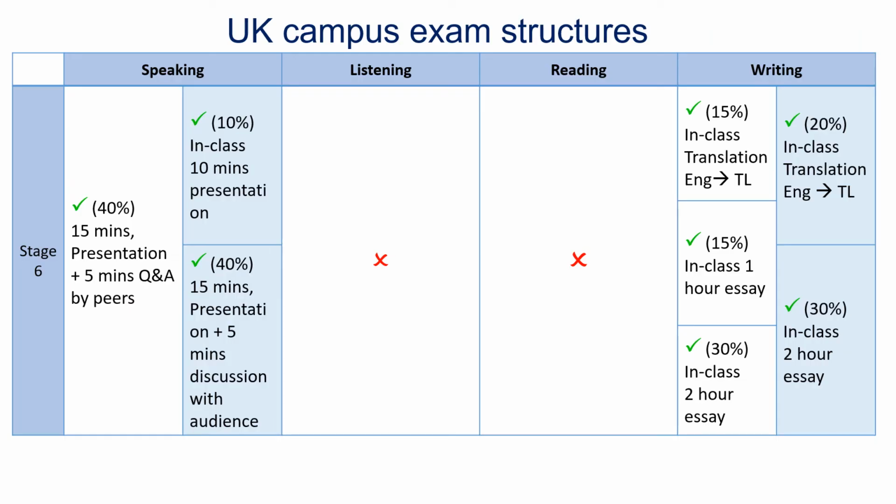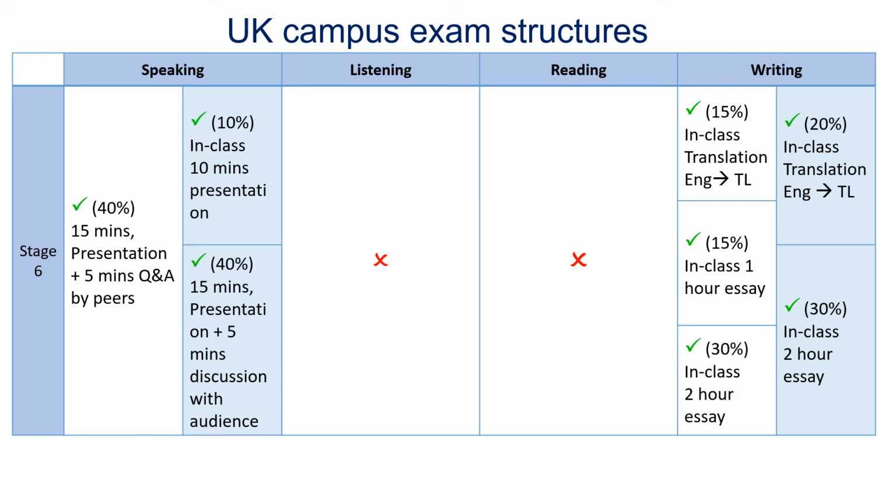In stage 6, there is no separate assessment for listening and reading, but it is all combined between speaking and writing assessment. The typical format of the assessment in stage 6 is productive skills.